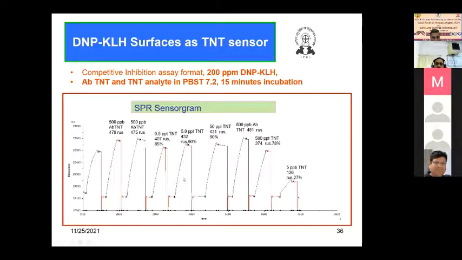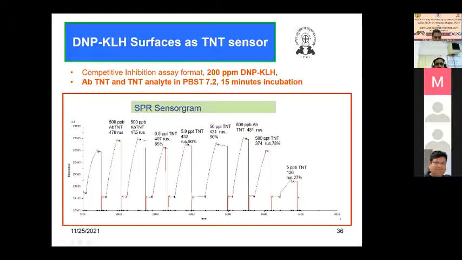And the limit, see the limit. If you are going for the 0.5 ppt TNT, it's showing the reduced level of your inhibition as compared to it. So it is showing the RU of around 407 RU. Here it is the 475 RU. And with what? The 0.5 ppt.